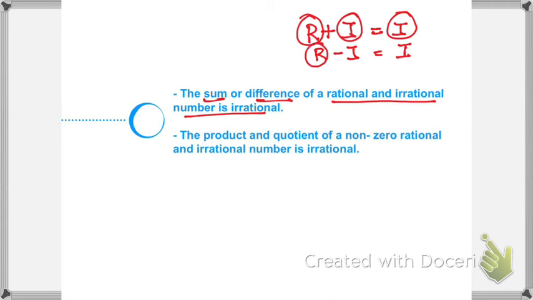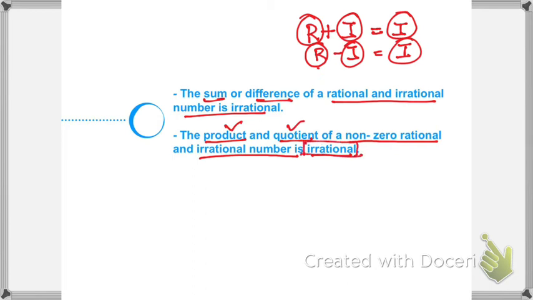If you subtract a rational number and an irrational number, either way round, you will get an irrational number again. The next point is the product and quotient of a non-zero rational and an irrational number is irrational. Same way, if you multiply or divide a rational and an irrational number, you will get an irrational number. Okay, now moving to the questions part.